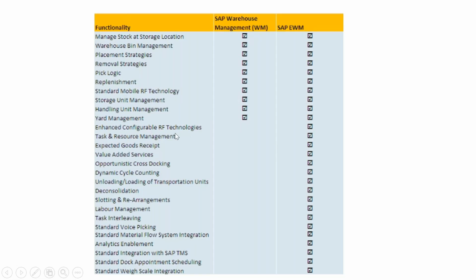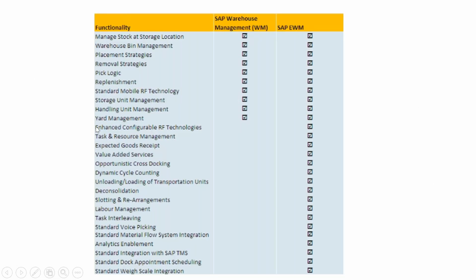And if you notice here, these are value added services or cross docking. We are going to discuss each topic in the coming sessions.